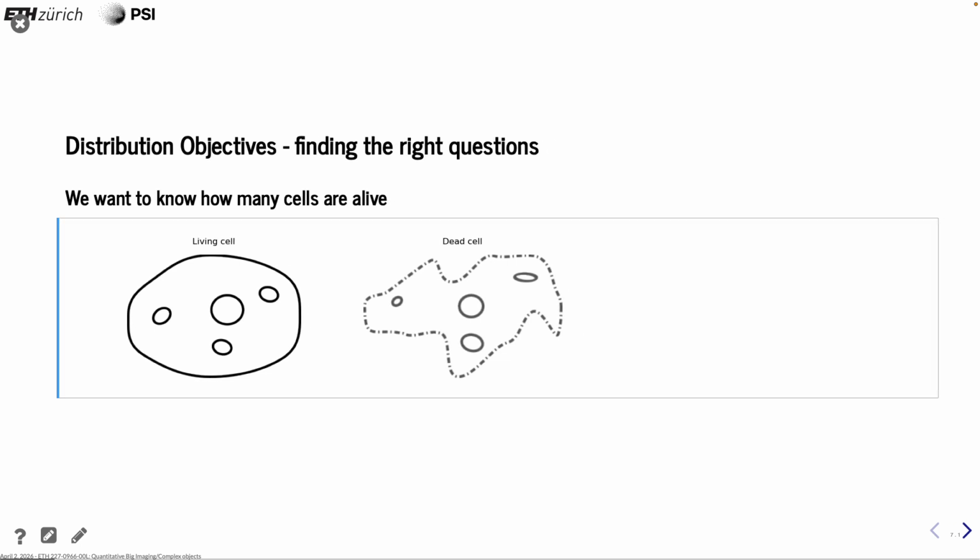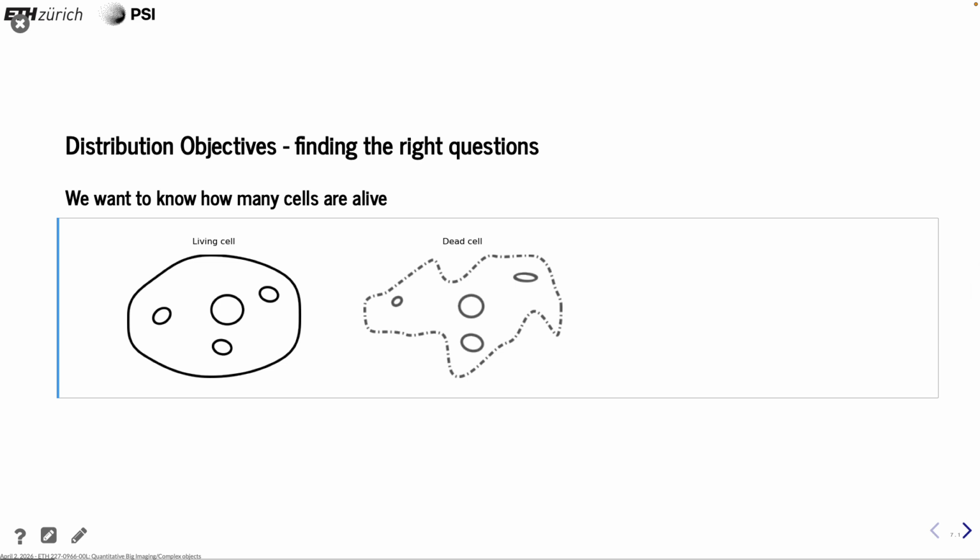So looking at the distribution of objects, first of all, we have to define the right questions. And maybe we want to know how many cells are alive. In this example, we have a living cell, which is nice and convex, but the dead cell is more spiky with fuzzy edges. And these are the ones we want to identify.